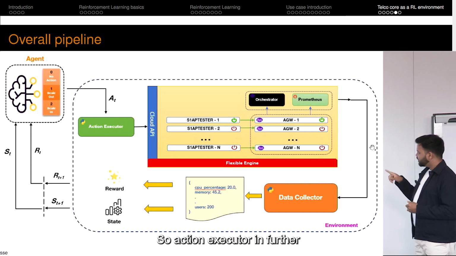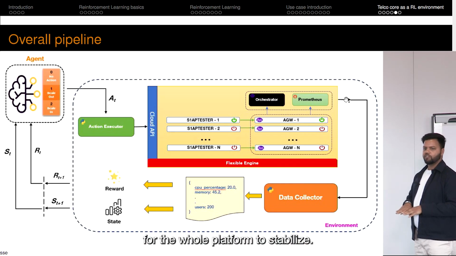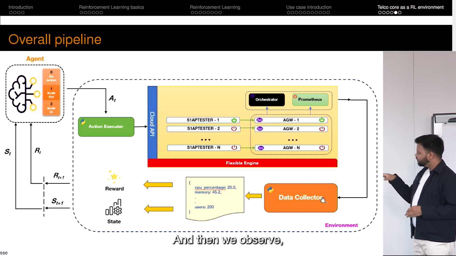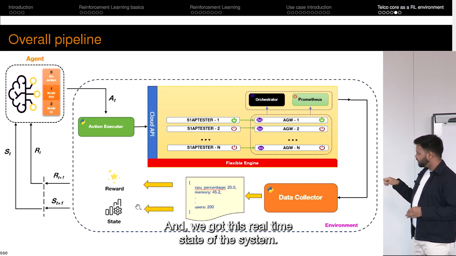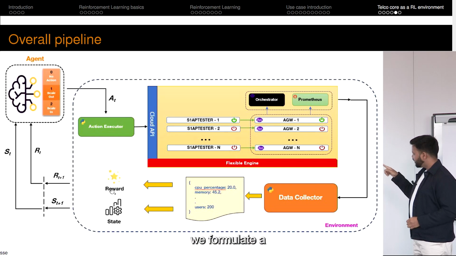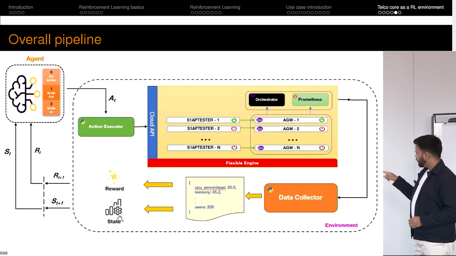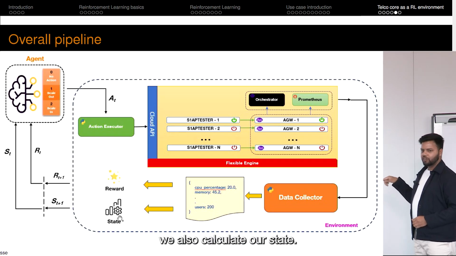The action executor then applies those actions in the cloud, and then we wait for a certain amount of time for the whole platform to stabilize, and then we observe the state of the test bed, and we get this real-time state of the system. By using this data, we calculate our reward, and we also calculate our state.